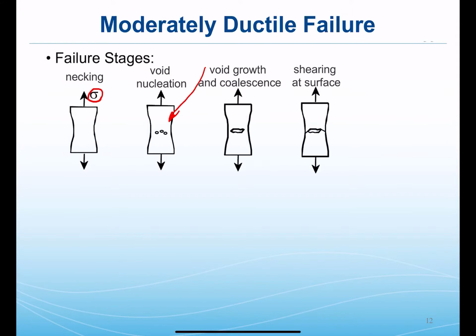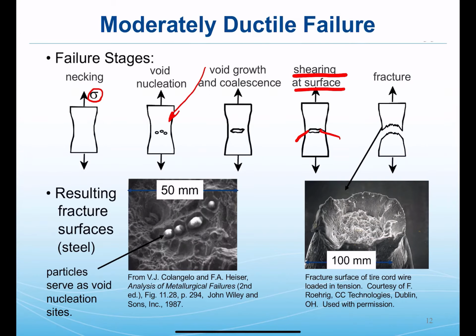Okay, and then at this point, there's very little material left in the cross-sectional area, and significant shearing will occur at the surface here. So, in other words, shear will occur and break the remaining outer boundaries of this internal void or crack. And ultimately, we have fracture.